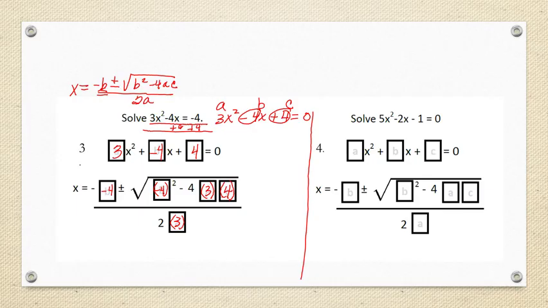Okay, let's try this one. Is number 4 set equal to 0? Well, yes, it is. So this will be my A. My B is -2. My C is -1. So let's go ahead and put those in. 5, -2, and -1. That's your A, your B, and your C. Okay, B is -2.